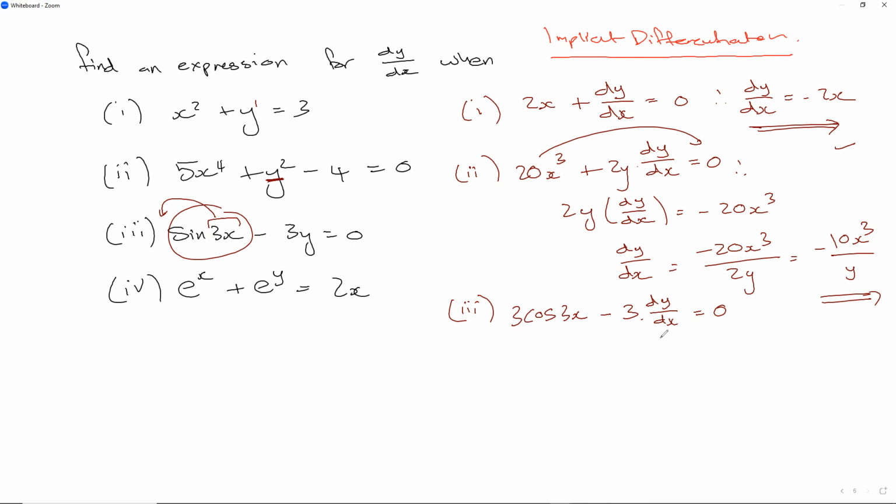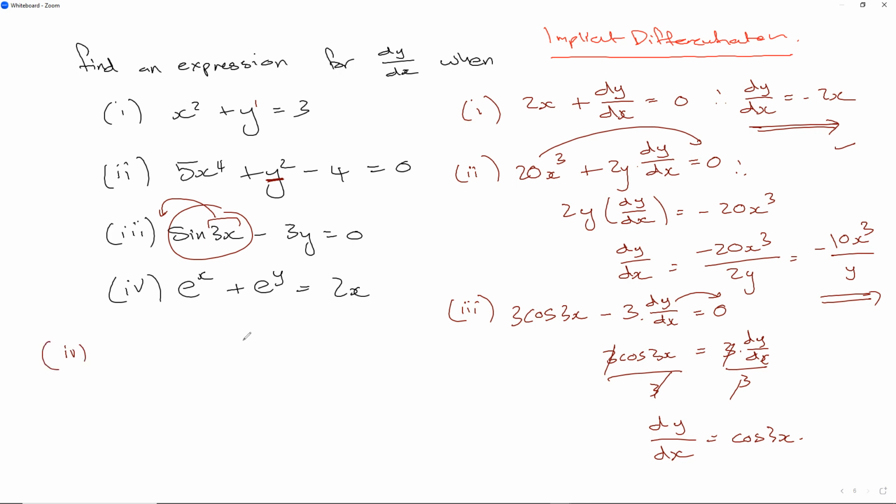And deriving 0 is 0. So now I've got to make that the subject of the formula. Let's say, move this across. I'll have 3 cos 3x equals 3 times dy/dx. And I can divide by 3 on both sides, and that gets me dy/dx equals cos 3x.